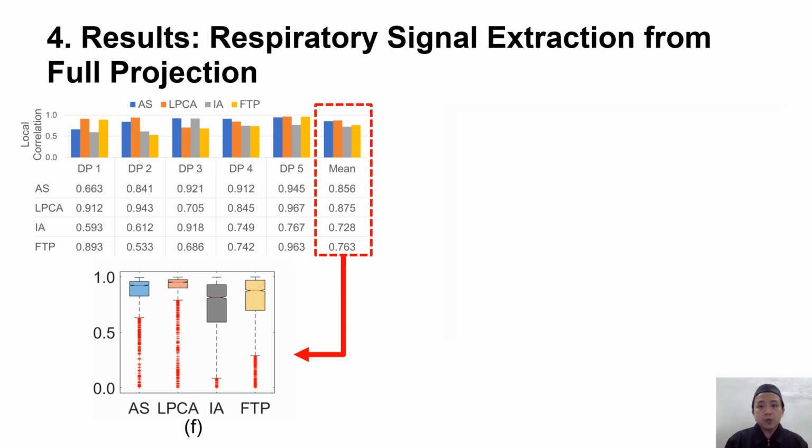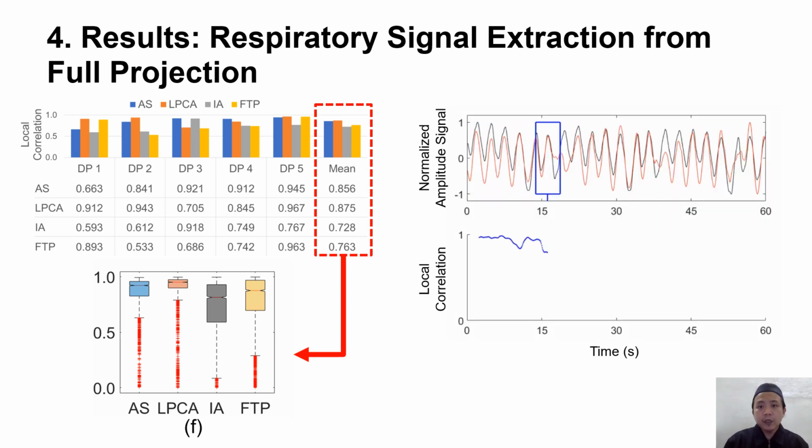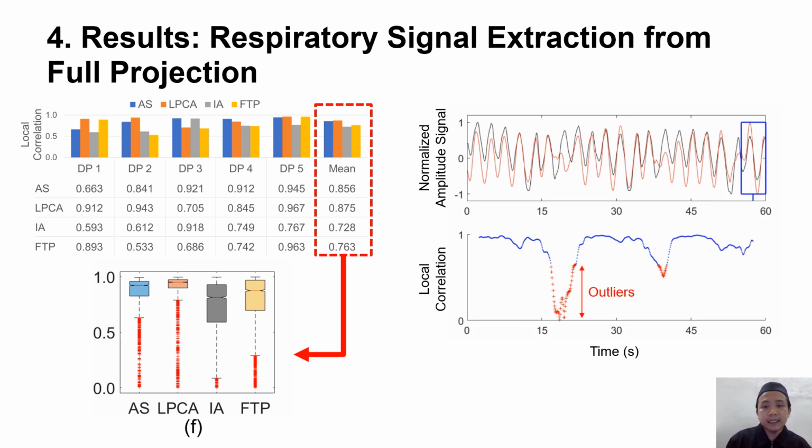In this study, we use a local correlation metric in order to evaluate the intricate properties of the extracted signal. We defined a window in which the signals are progressively evaluated as shown here. Therefore, values that are considered outliers are insignificantly discarded from the analysis.